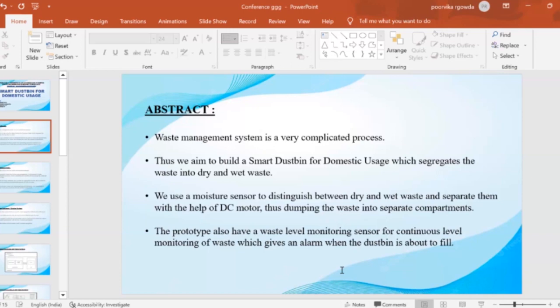The basic idea of our project is a moisture sensor to distinguish dry and wet waste, with the help of a DC motor dumping the waste into separate compartments. It also has a moisture level monitoring system, which provides an alarm when the dustbin is about to fill.